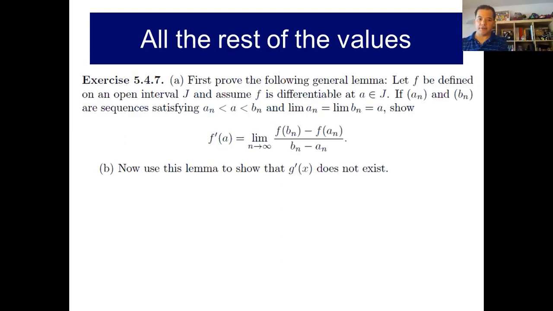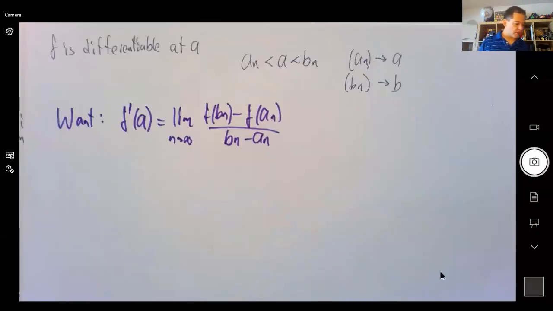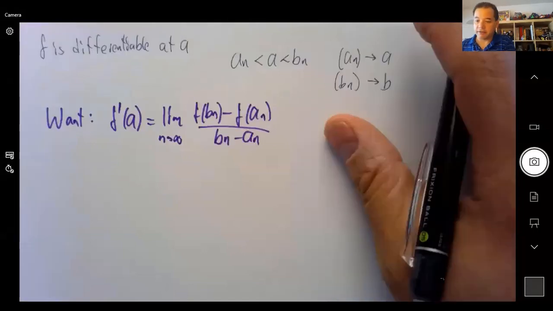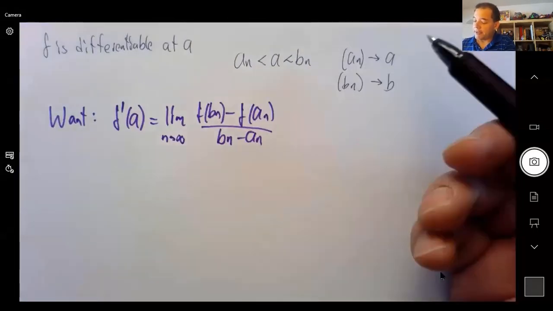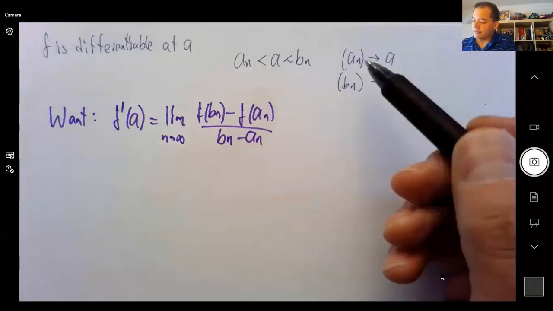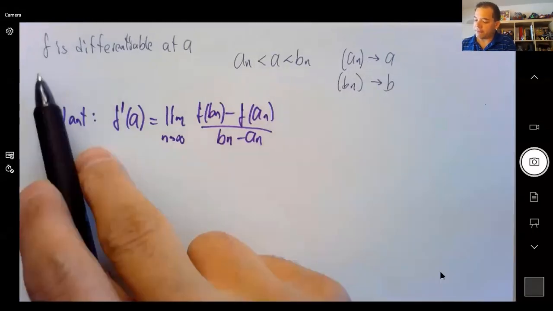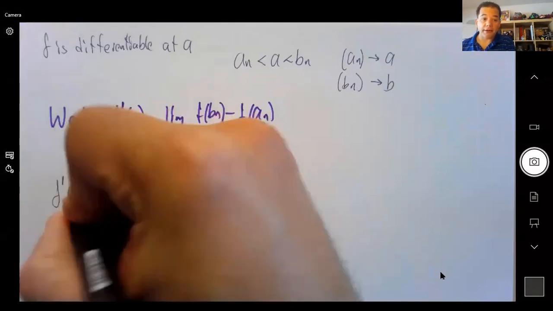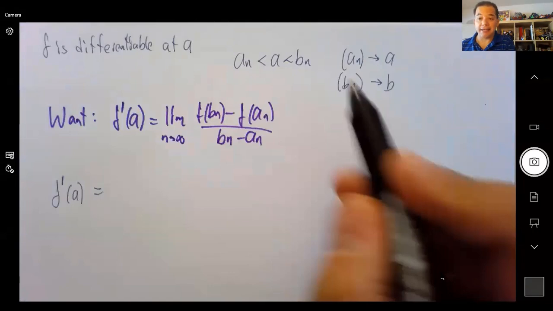Okay, let's do it. First, we're going to do that lemma. So we want to show this. Let me write down my assumptions here. How do we do this? There's a trick involved here, and it's a nice, useful general lemma. What we do know is that because f is differentiable at a, we can do f prime of a by taking the limit using the an sequence.